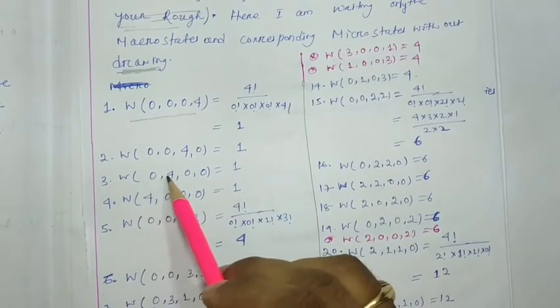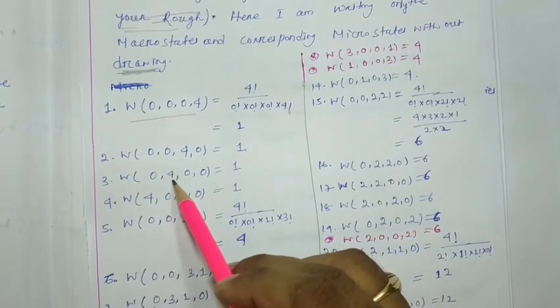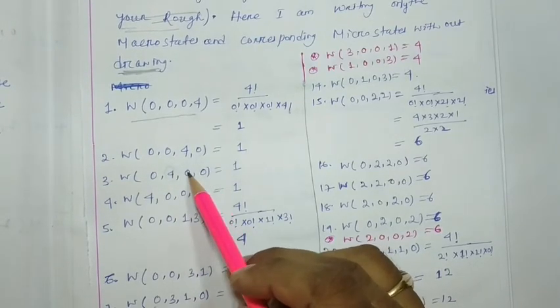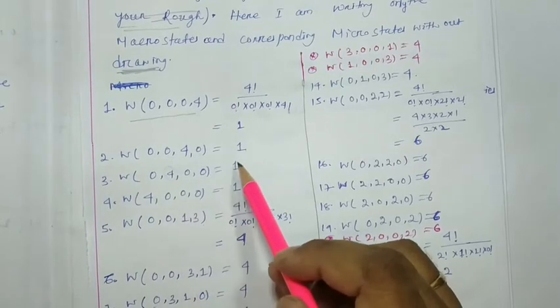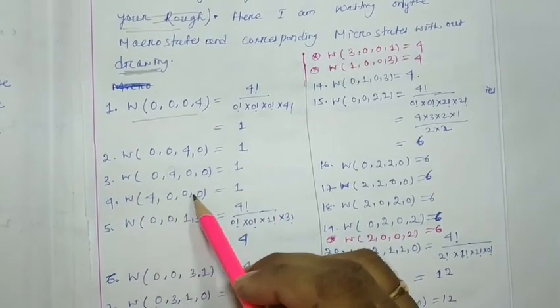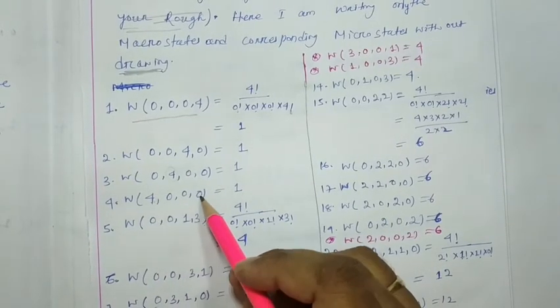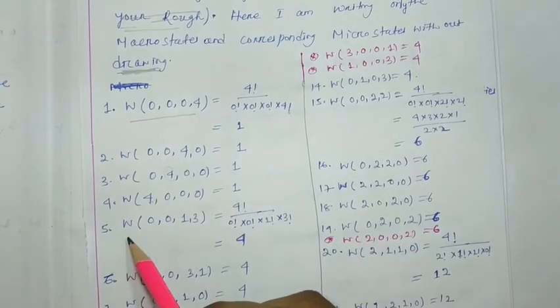Suppose we consider W0400, all the particles in the 2nd compartment and the other 3 vacant. How many microstates? It will be 1. W4000, all the particles in the 1st compartment and the other 3 vacant, also 1.